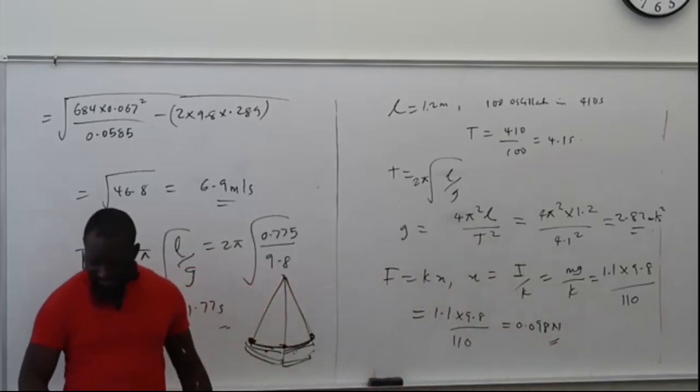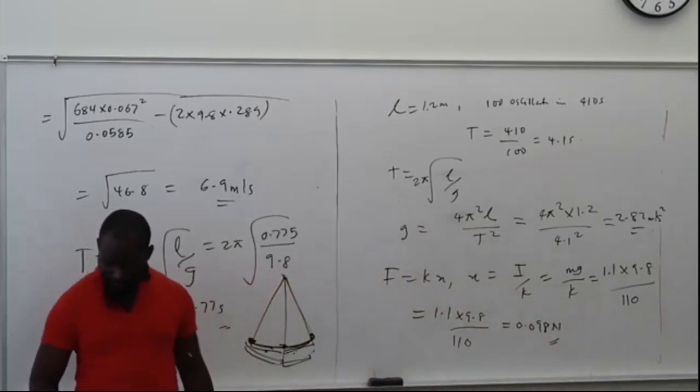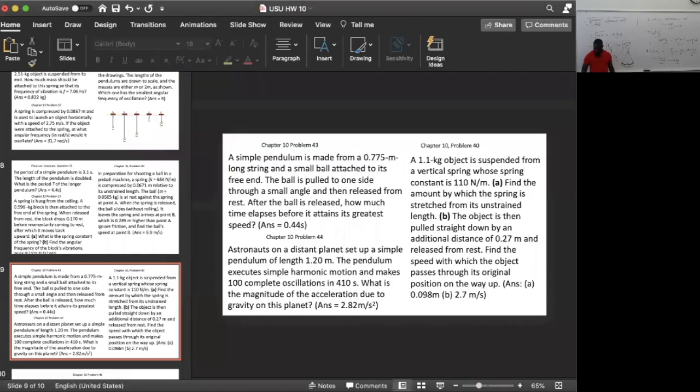Let me check, let's make sure we're having that right. First of all, let me share the screen and see what we get. Oh, 0.098 meters. Sorry, I'm looking for X, F over K.